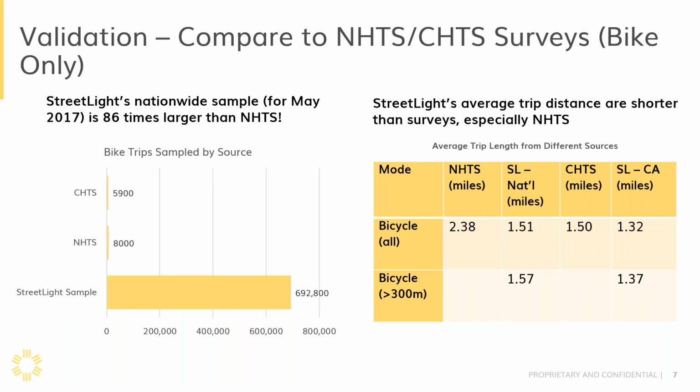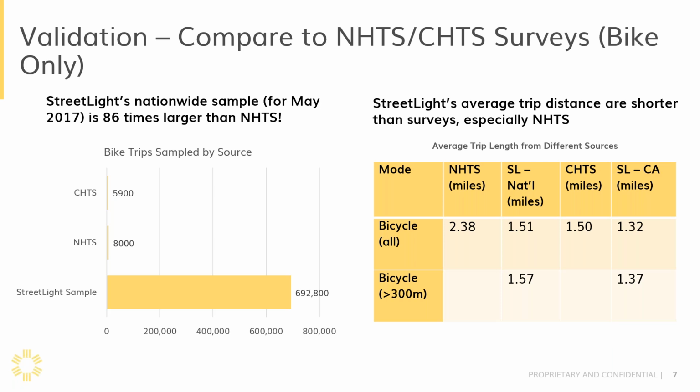We then looked at the National Household Travel Survey and the California Household Travel Survey to really understand, does this line up? Is this what we would expect as planners and decision makers based on those surveys? Our sample size was 86 times larger than the National Household Travel Survey.